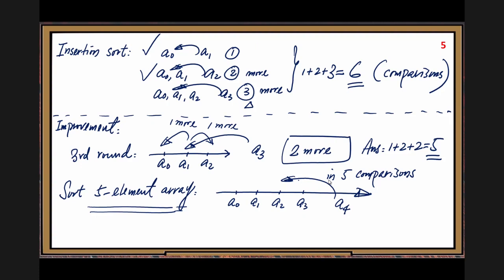But when you apply the binary search, for the worst case, how many more comparisons do you need? You need 3 more, right? Because you can compare either x1 or x2, same.